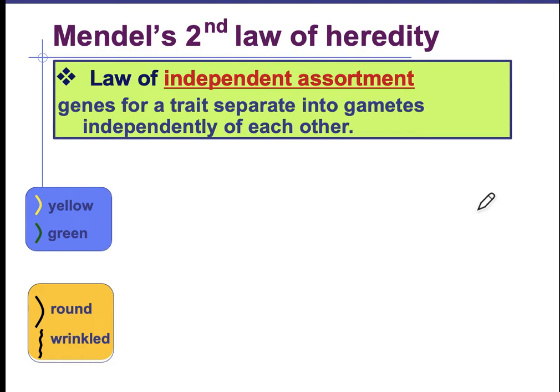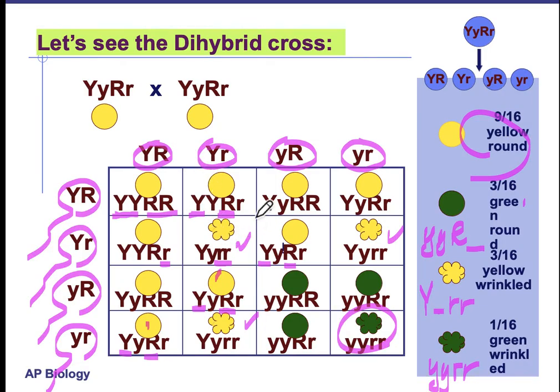After observing these dihybrid crosses, Mendel came up with the law of independent assortment. And that means that the genes for a trait are going to separate into gametes independently of one another. So the genes for the color and the shape are not on the same chromosome, and so they are not going to affect each other as far as when we get a dominant or a recessive allele, because they assort independently.